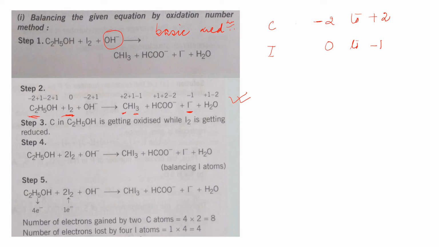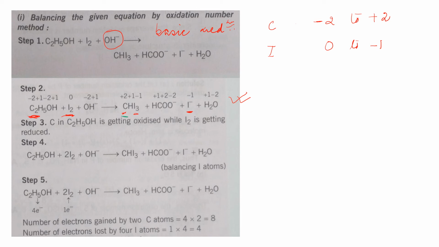Next step, after seeing which atom is undergoing oxidation and reduction, you have to balance the atoms which are undergoing oxidation and reduction. So see for carbon. In the left hand side we are having 2 carbon atoms, and in the right hand side also we are having 2 carbon atoms.